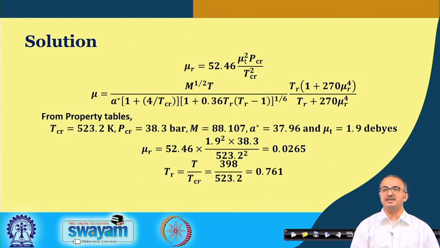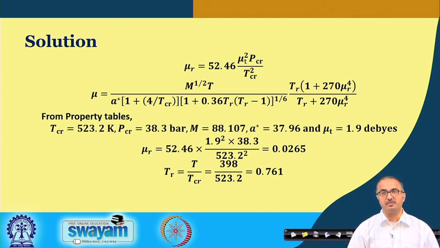Now, you see this is the case here that we have an expression for the mu which is not having the pressure directly, but it is having temperature in terms of the reduced temperature and in terms of the actual temperature and the critical temperature, but there is no appearance of the pressure.